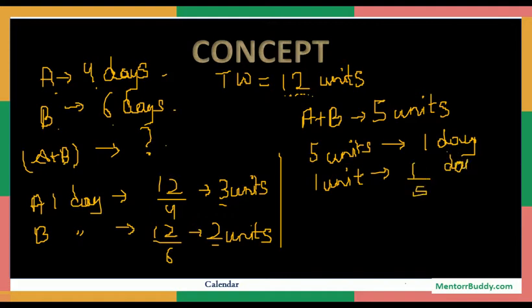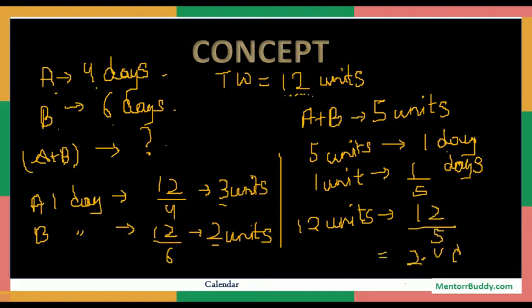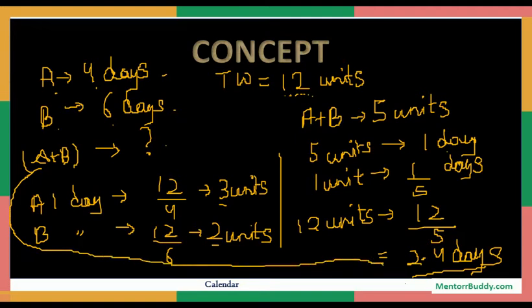The total work we need to finish was 12 units, so 12 units of work will be finished by A and B in 12 by 5, which equals 2.4 days. That's the correct answer. So A and B together will finish the task in 2.4 days.